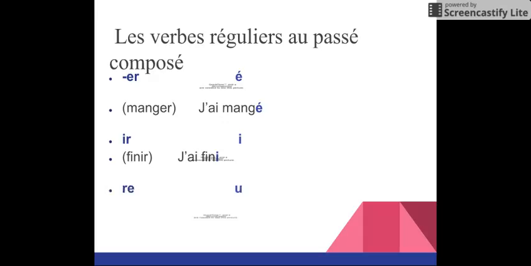And for RE verbs, the RE becomes a U at the end. You conjugate it with avoir and the pronoun, in this case je, so it is j'ai perdu. So these are easy rules for regular verbs in the past tense. ER becomes e accent aigu, IR becomes I, RE becomes U.